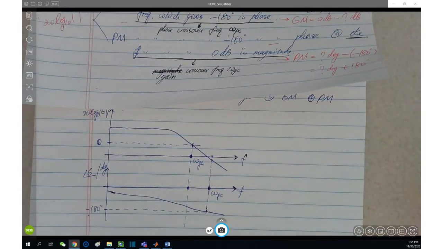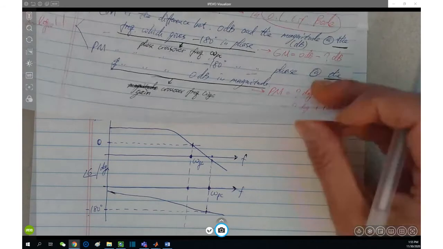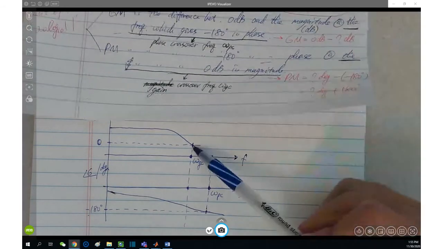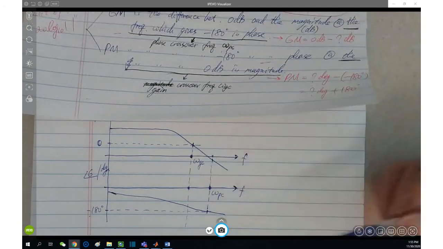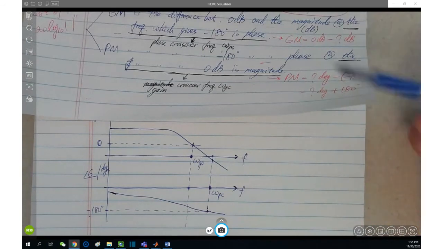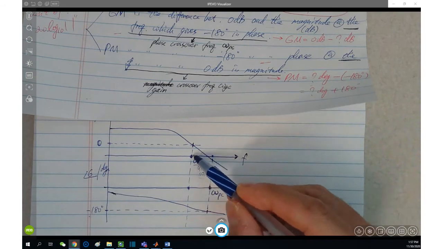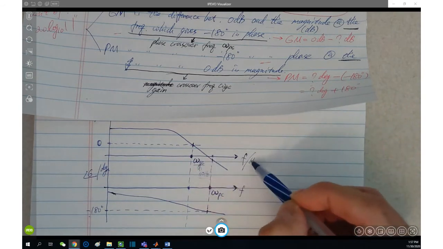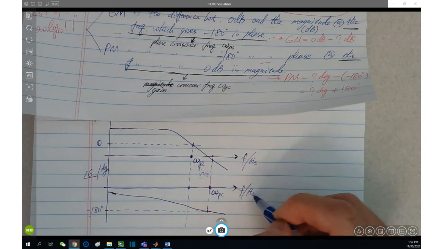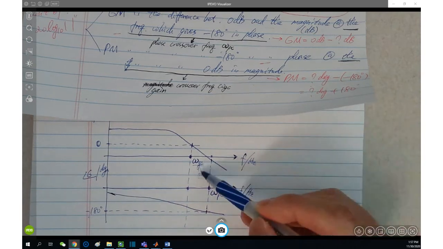Omega PC is in phase, the frequency that gave you negative 180 degree. Omega GC is in magnitude, where it gave you 0 dB. This is the definition for omega GC and PC. What you need to be careful about is the unit here. If you're reading here in frequency, in hertz, then your result here is in hertz as well, right?